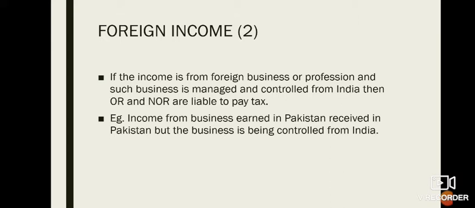Why? Because Indian income is that income where the source belongs to India or the receipt of the income belongs to India. So if the foreign income is received in India, it becomes Indian income, and when it is Indian income, it is taxed in all three hands. Ordinary, not ordinary, and non-resident has to pay tax on Indian income.